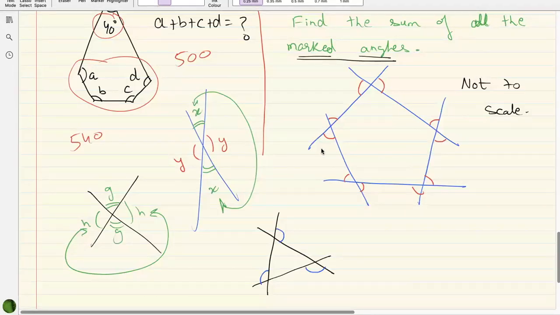Not to scale. And we just studied it today. We did. You want me to scroll back? I have the notes on my page.